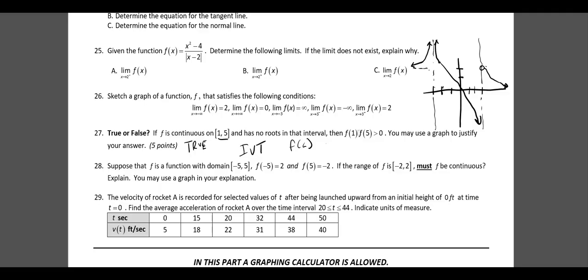I'm trying to do this without a contradiction. So for example, look, if f of 1 is positive and f of 5 is positive, then f of 1 times f of 5 is also positive.